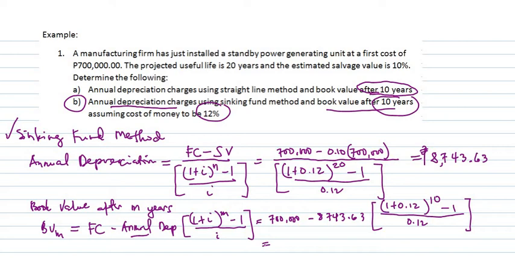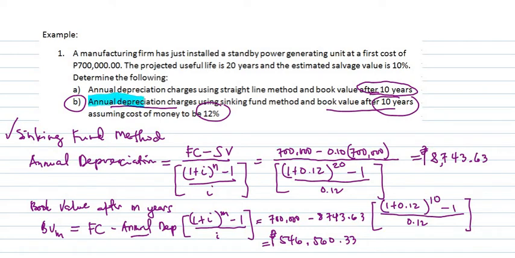When we compute this one, the value is 560.33. So this is the book value after 10 years.